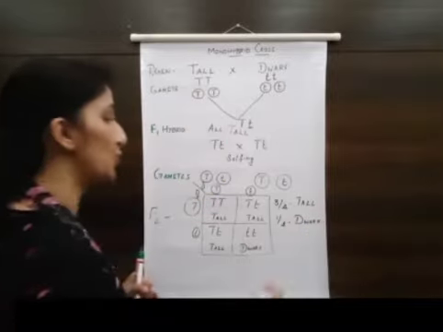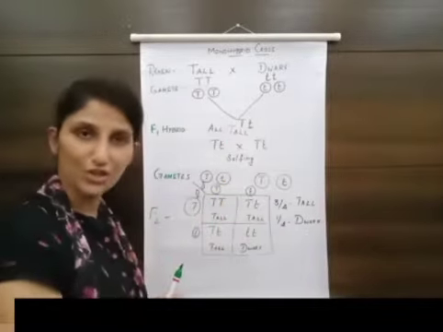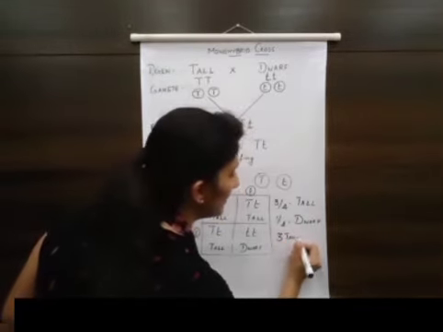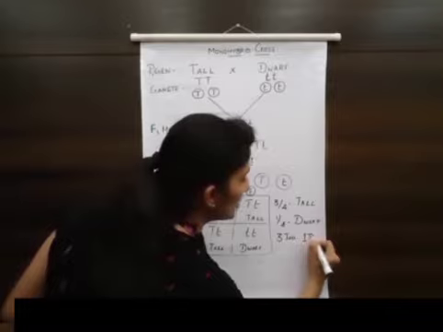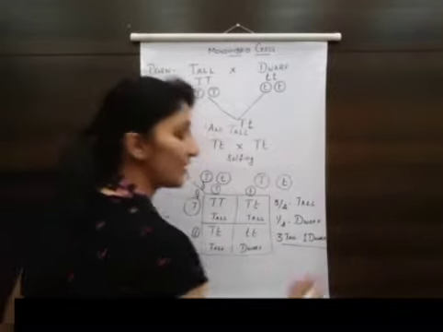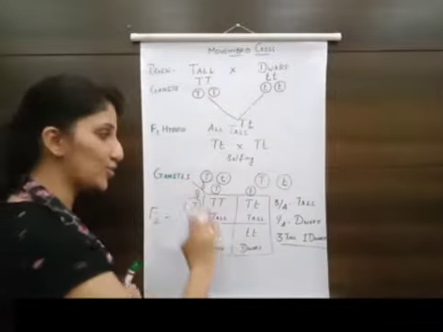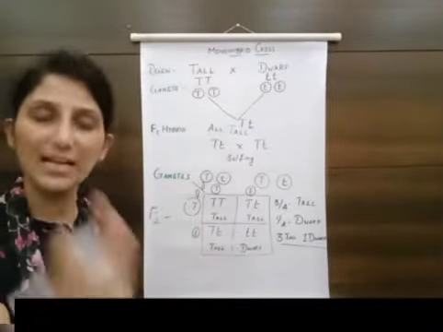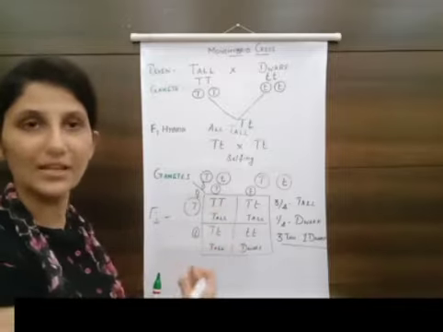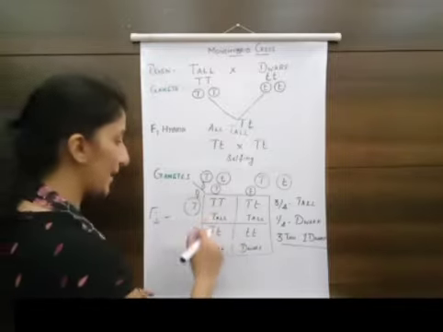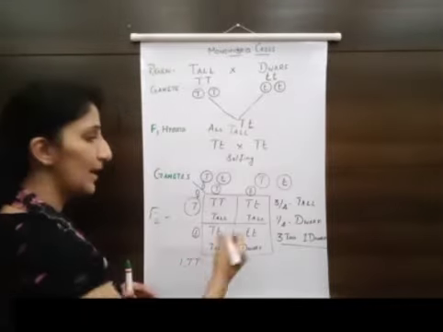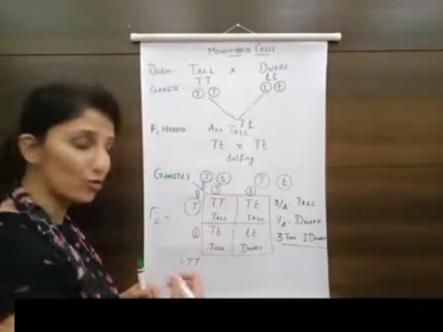So the phenotypic ratio is 3 tall to 1 dwarf. The phenotypic ratio is 3:1. Now let us consider the genotype. What are the different possible genotypes that we have obtained in this F2 progeny? We can get 1 capital T capital T, and how many capital T small t, the heterozygous condition?